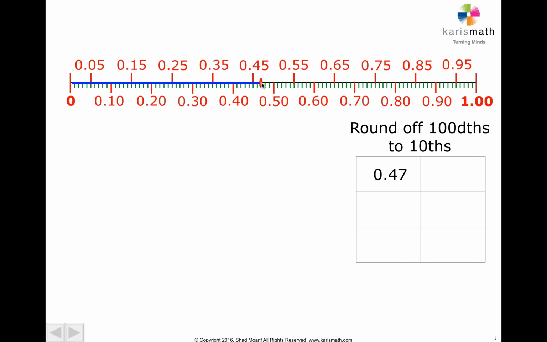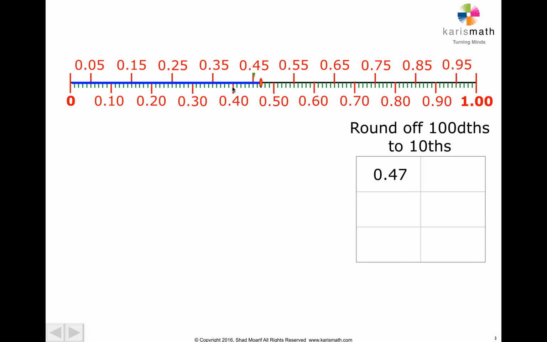How many tenths is that? Now remember, tenths are these. 40 hundredths is the same as 4/10. 50 hundredths is the same as 5/10. And 0.47 lies between 0.40 and 0.50. This is the range we need to take.